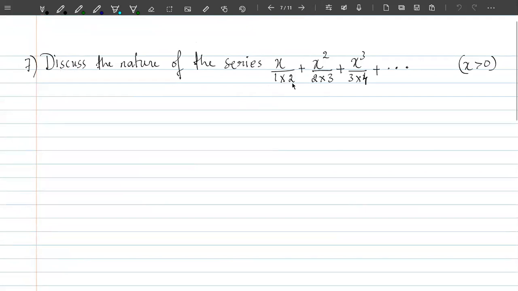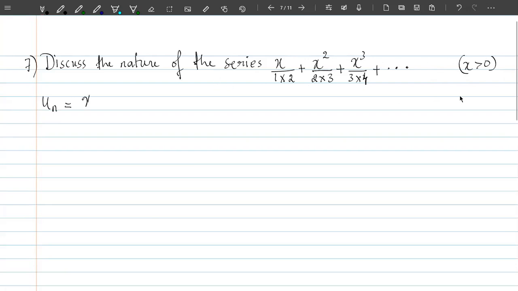Discuss the nature of the series x divided by 1 into 2 plus x square by 2 into 3 plus x cube by 3 into 4 and so on. So now here, what is the value of un? For u1 it is x power 1, for u2 it is x square, for u3 it is x power 3, etc. in the numerator.